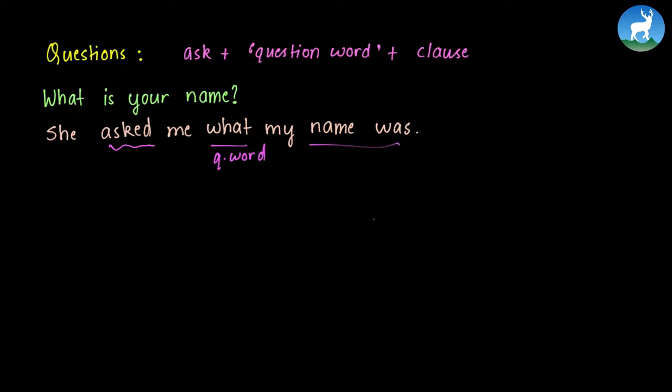So the direct interrogative sentence, what is your name, can be converted to the reported speech as she asked me what my name was. Now let's try to change few sentences, interrogative speech to the reported speech.